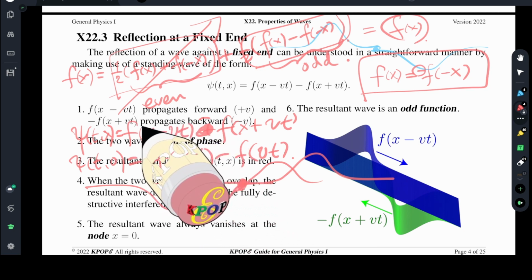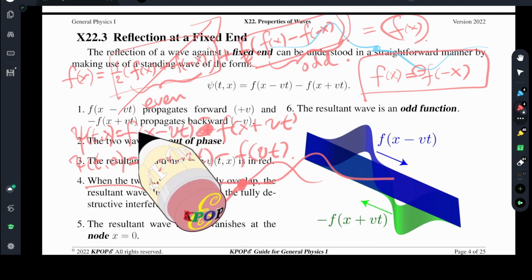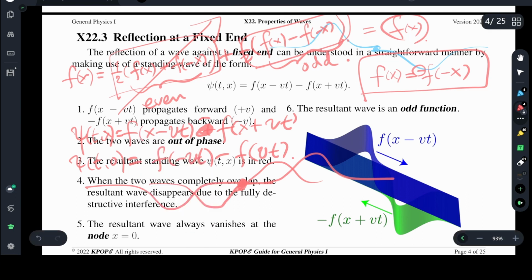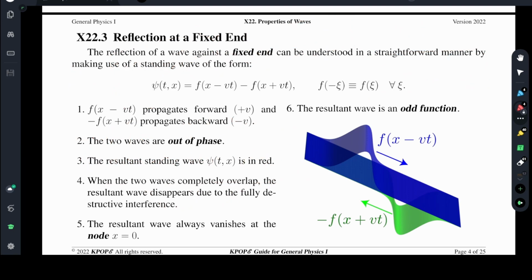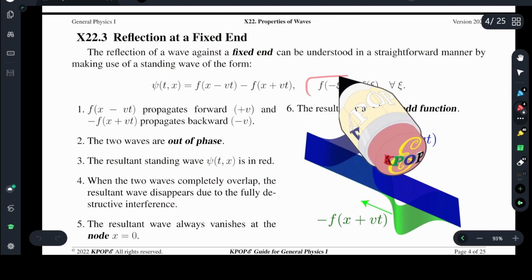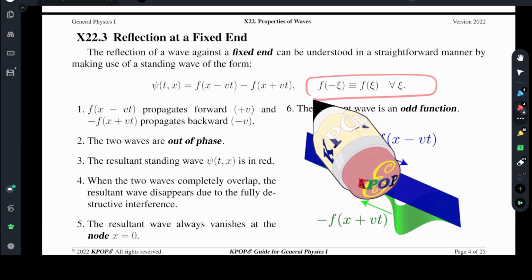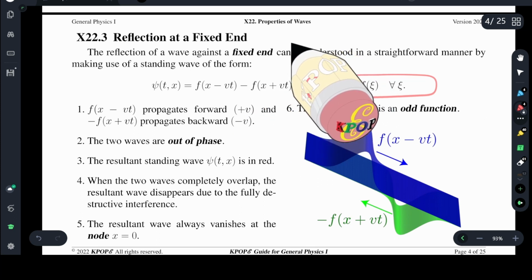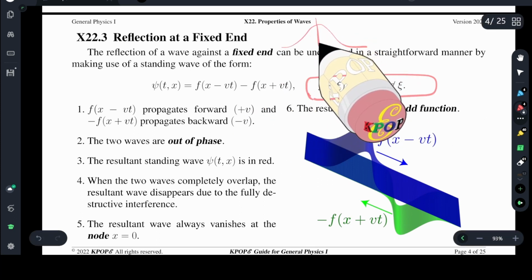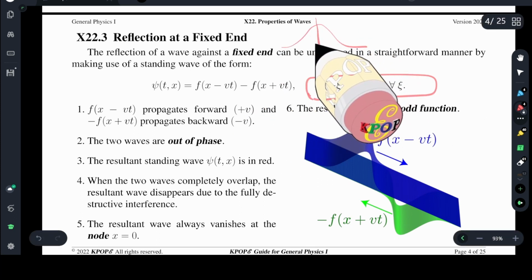It's better to write it as, wait a second, I have added some more. This function f should be an even function, even with respect to its symmetry axis.